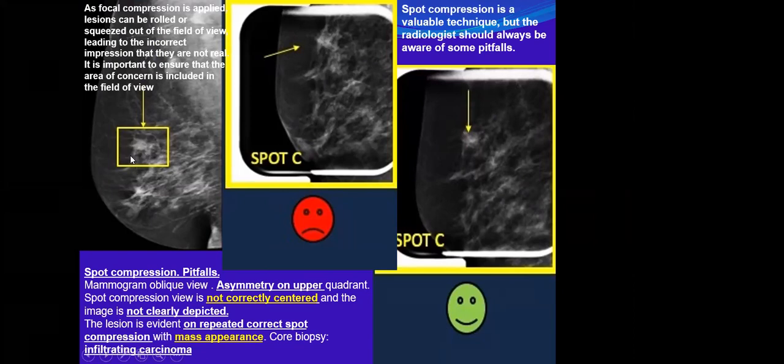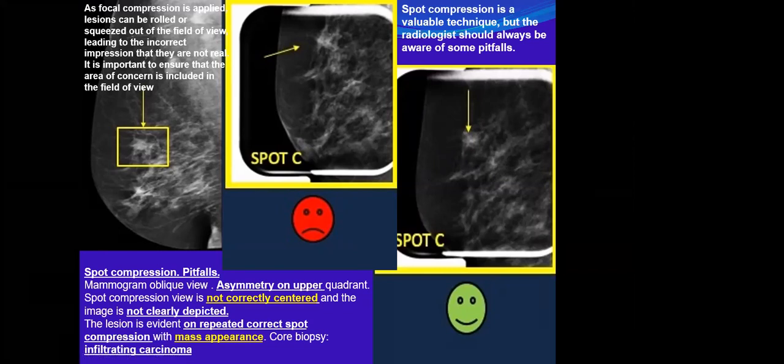It doesn't show much change. But when they centered it here, you see the adjacent fibroglandular summation tissue spreading away and demonstrating a spiculated mass, which demonstrated infiltrating carcinoma on core biopsy.